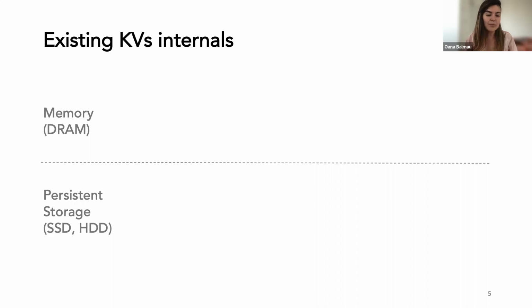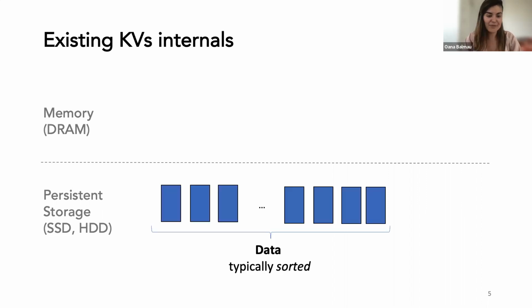Now, I'm not going to talk about LSMs today, but I do want to cover broadly what kinds of components we find in key value stores. So it's a very high level view, so that I can tell you where the space amplification comes from. So on persistent storage, normally we have the data, which can be in various formats. We can have files, object stores, etc. We don't really care about it in this talk. We just know that it's data.